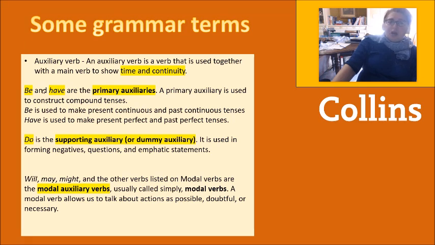For example, I use the verb to be to make the present continuous, right? I am teaching this moment. I use the verb have to construct the present perfect. I have already eaten. Just a minute ago, I had a croissant, so I have already eaten. I don't need to eat anymore.